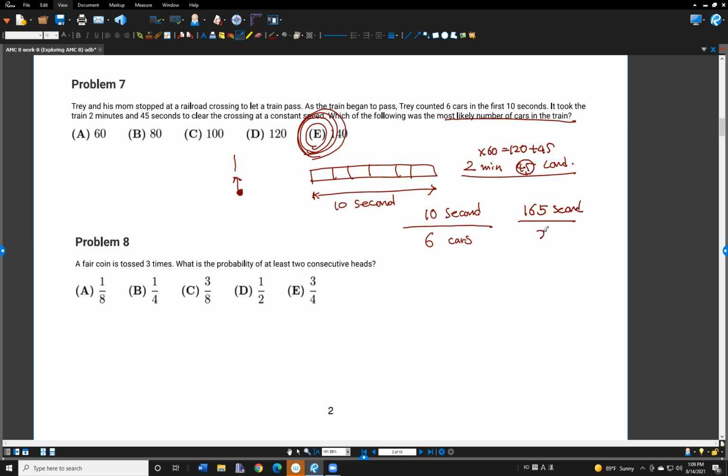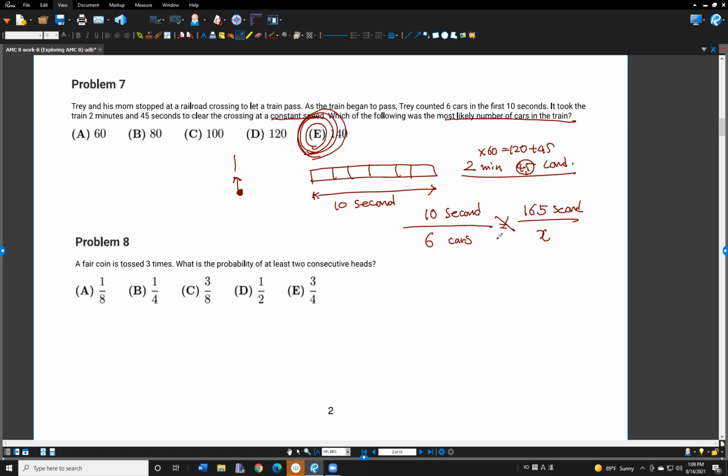How many cars? That's a proportion, right? Because they use constant speed. If you have 20 seconds, you're going to see 12 cars. 10 seconds, 6 cars; 20 seconds is 12 cars; 30 seconds is 18 cars, something like that.